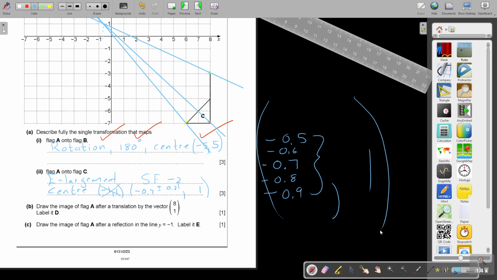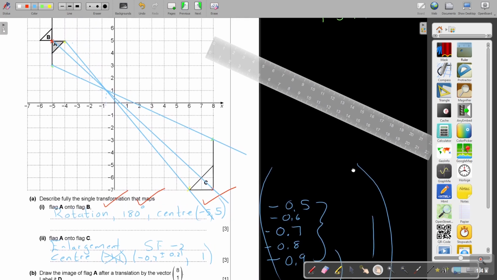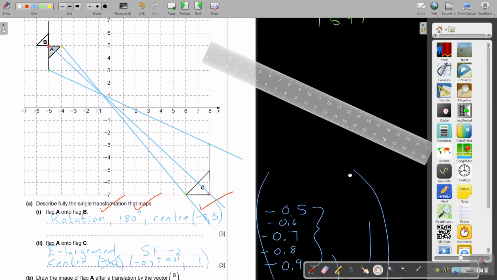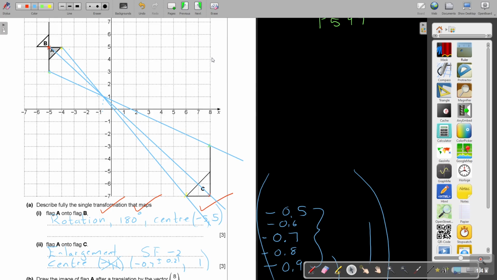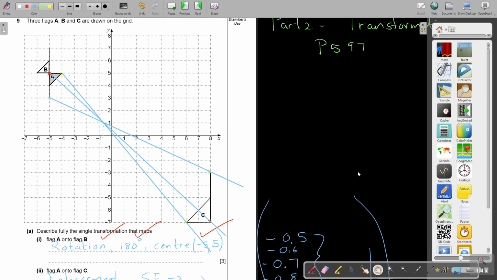Okay. And draw the image of flag A after a translation by the vector 8 and 1. So let's just go back. A by 8 and 1. So I just want to get rid of my ruler. So if I translate it with 8 and 1, you can leave it there.